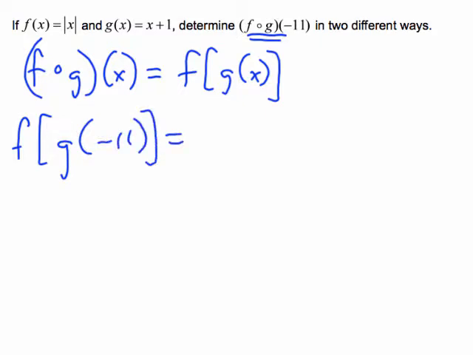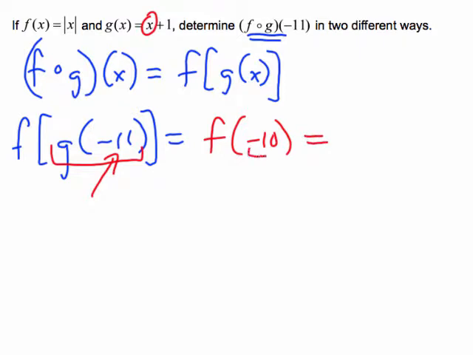The one way would be to apply this numerically immediately. I'm going to plug negative 11 into g, and that's going to give me negative 10 out. So this all is replaced with negative 10. And then I'm going to put that output from g as the input for f. In this function, the absolute value will be 10.